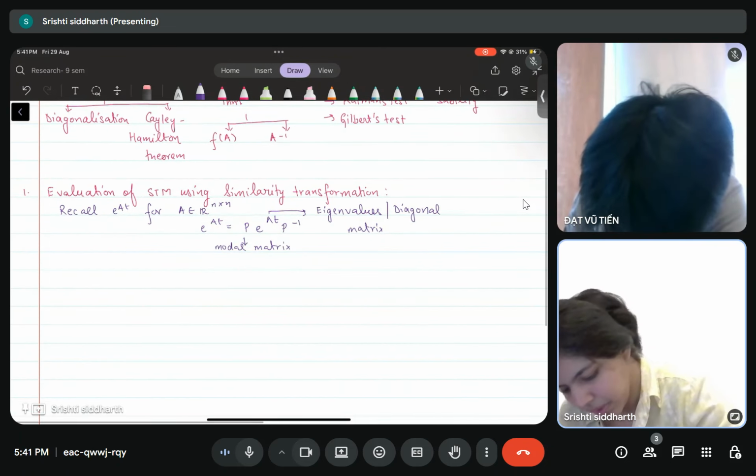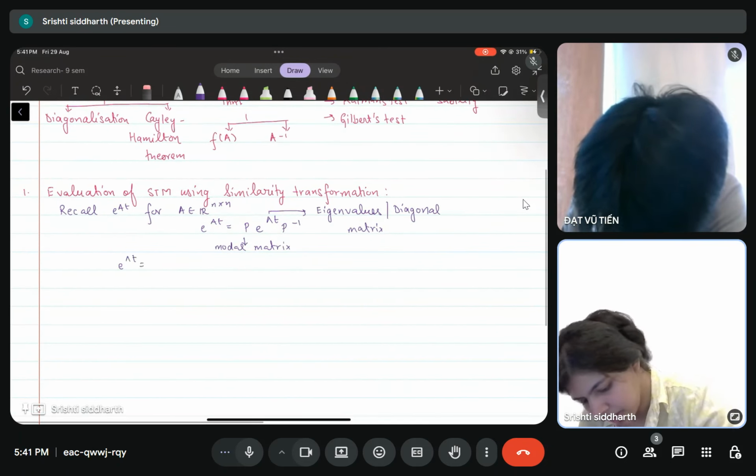Okay, so one example is for distinct eigenvalues. This is simply lambda 1, lambda 2 till lambda n.